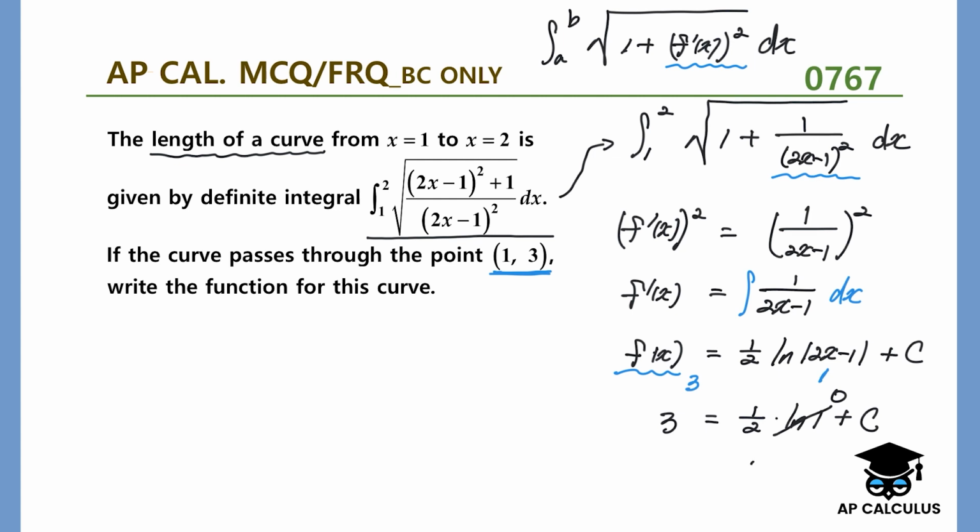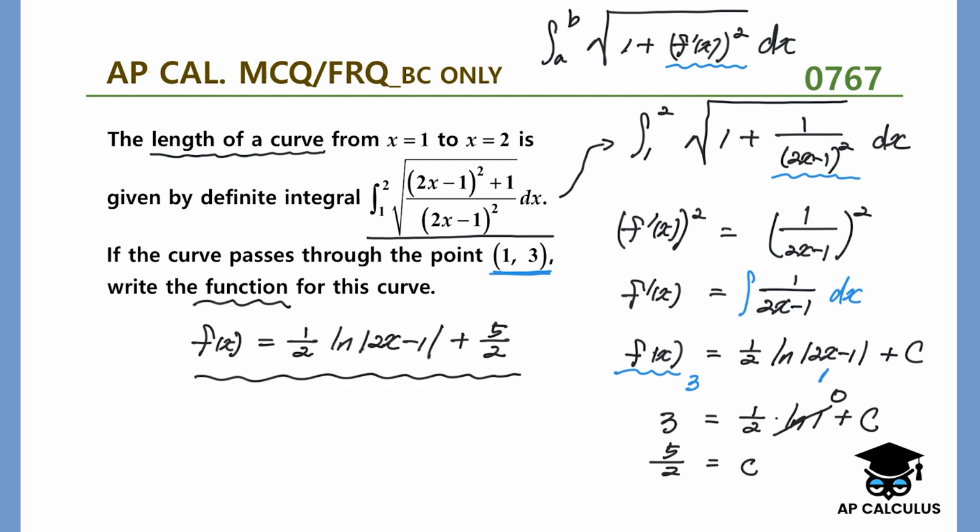So C is equal to 3 minus 0, which gives us C is equal to 3. So our function f of x is equal to 1/2 natural log of 2x minus 1 plus 3. That's our function, right?